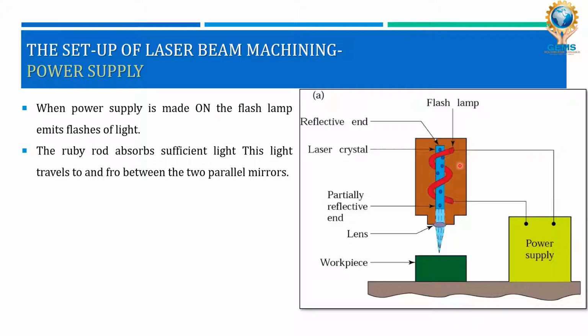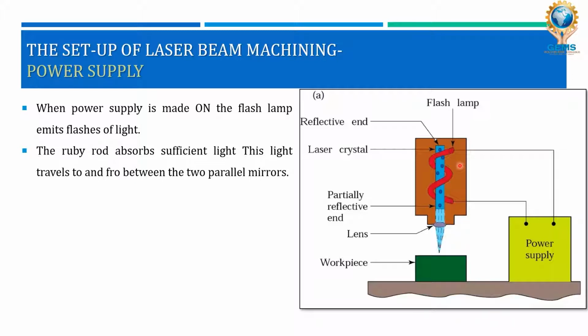So it gets excited and jumps to the higher energy level, and from the higher energy level it comes back to the lower energy level, and at the same time it releases photons. Those photons inside the ruby rod are incident on the reflecting mirror, and are again reflected back to the partially reflecting mirror. This emission happens to and fro.